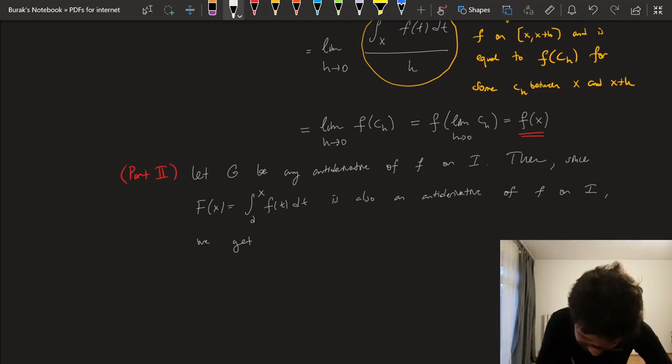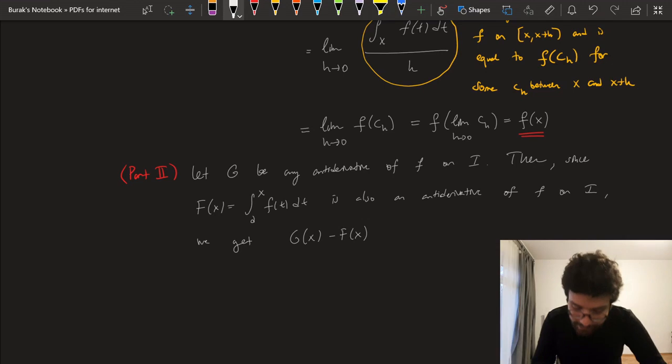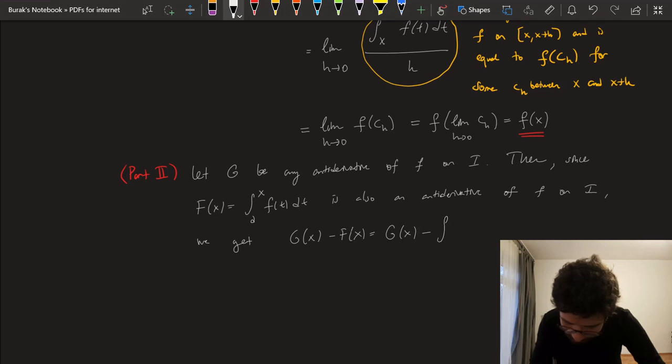So we get that big G of x minus big F of x, these differ by a constant. Let's call this C, for some C, okay?